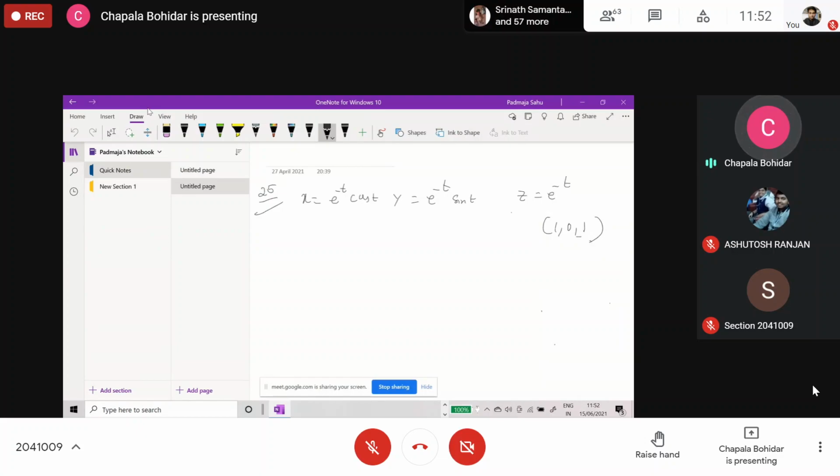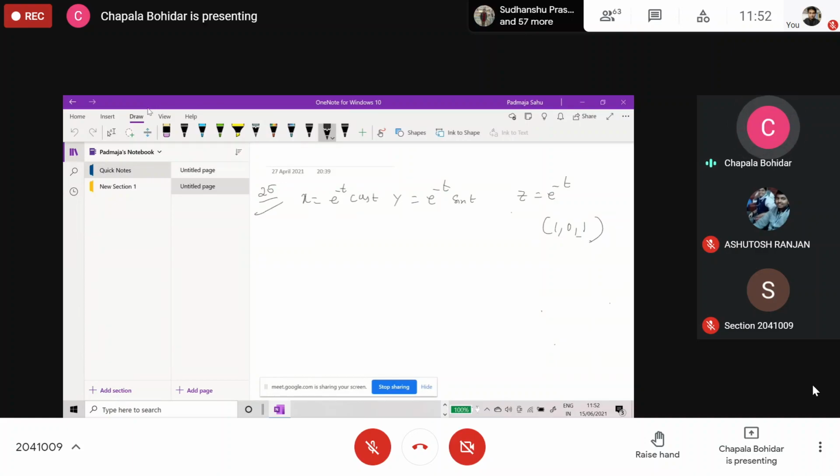Eliminate all the scalars and solve. I already told you. It is easy for you to solve. You see here, the normal vector is T dash t by absolute value of T dash t.